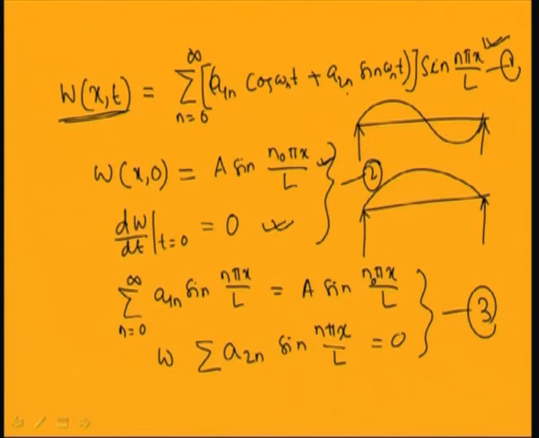For n equal to n0, A1n should be equal to A, and for the other terms it should vanish, otherwise the left side will not be equal to the right side.